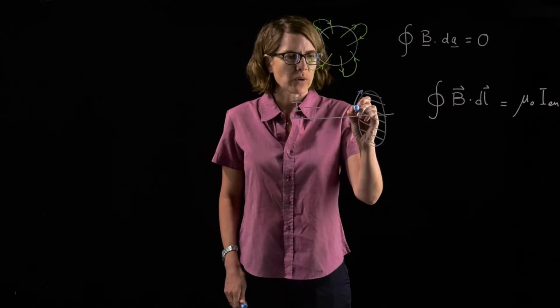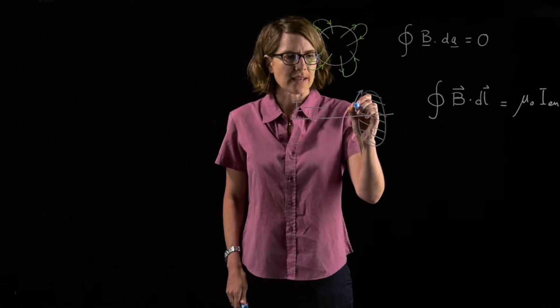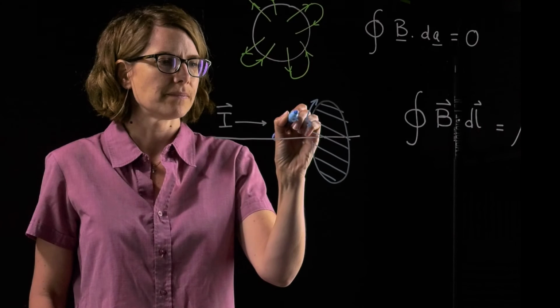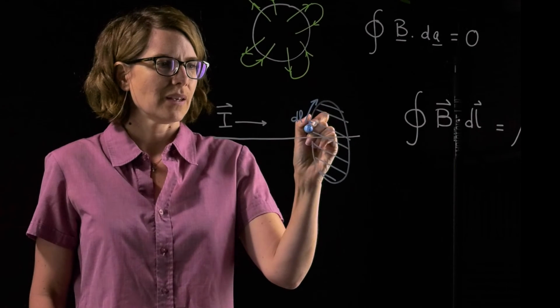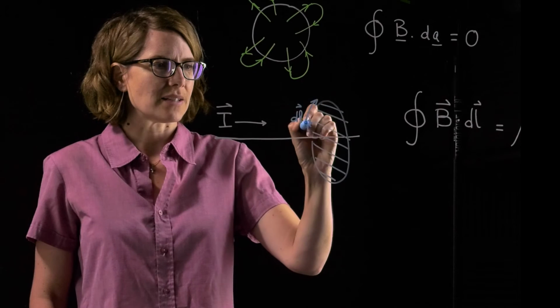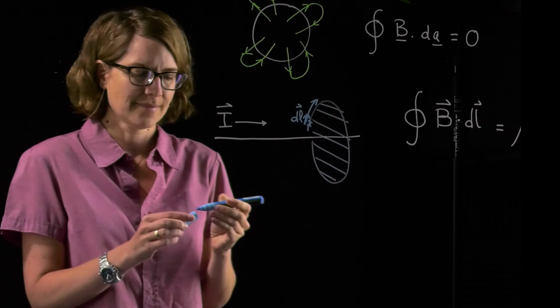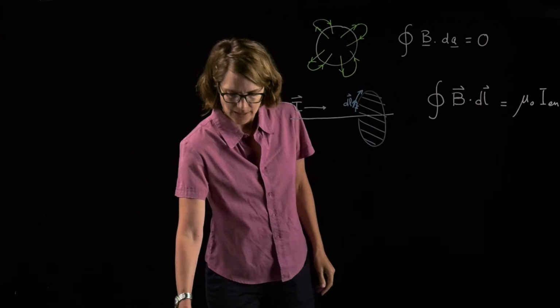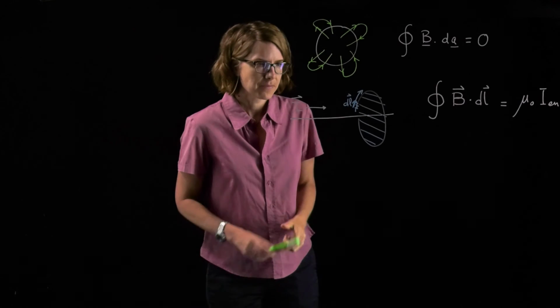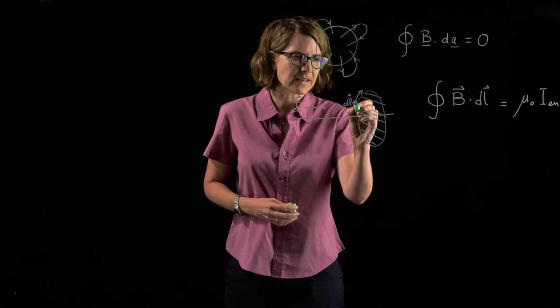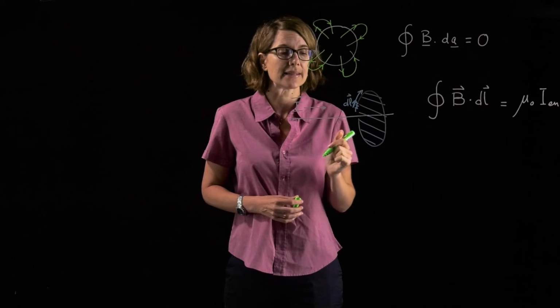So at this point here, we would say that is our dl, and you can see it has a little direction like that. And our magnetic field, well, we need to know whatever it is at that point as well.